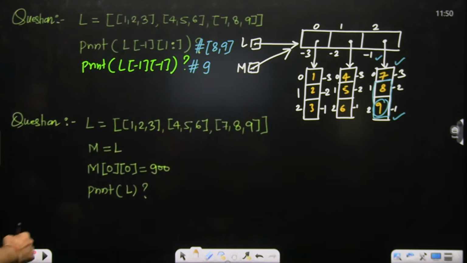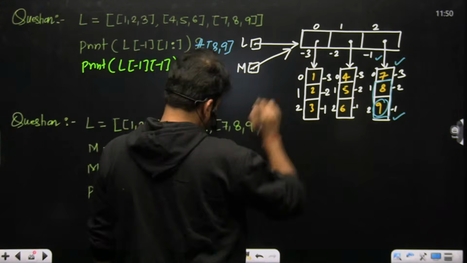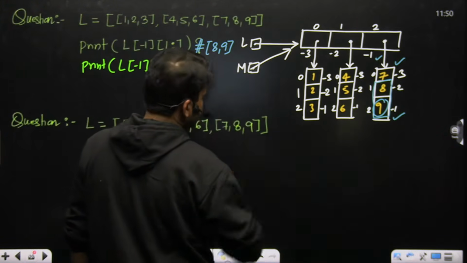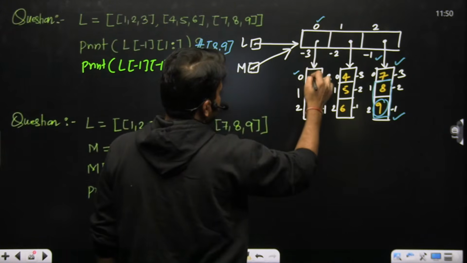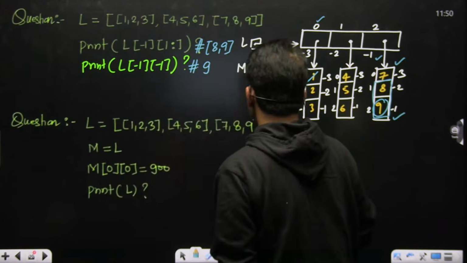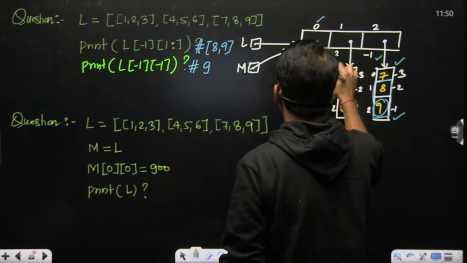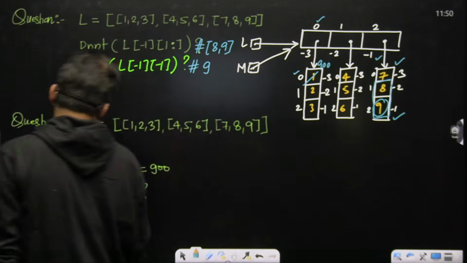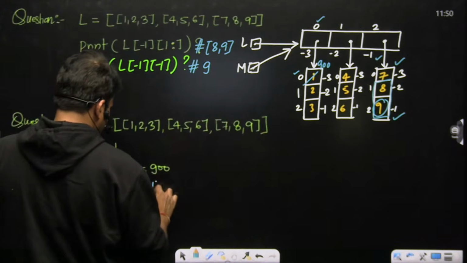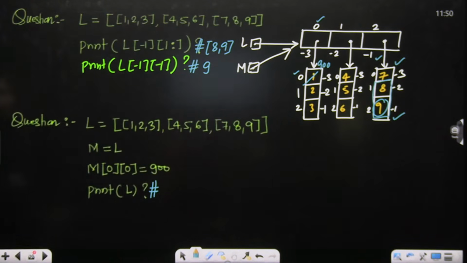So M00 means you want to update this one student. You are updating this, what M00 is 900. Okay. So print L, what does it print?